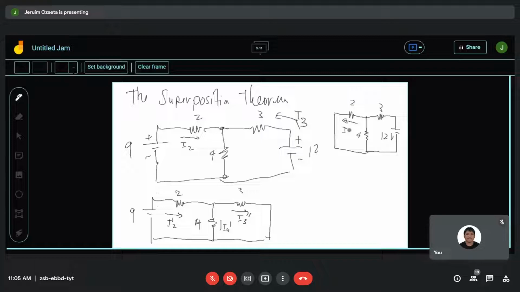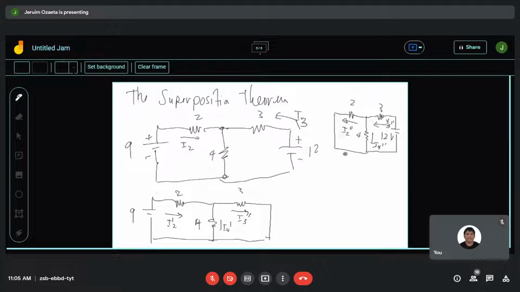So let's call this I sub 2 prime prime. This is I sub 3 prime prime. This is I sub 4 prime prime. Okay, so take a look at the notes here. You have I sub 2, I sub 3 prime. Now we have I sub 2, I sub 3, I sub 4 prime.